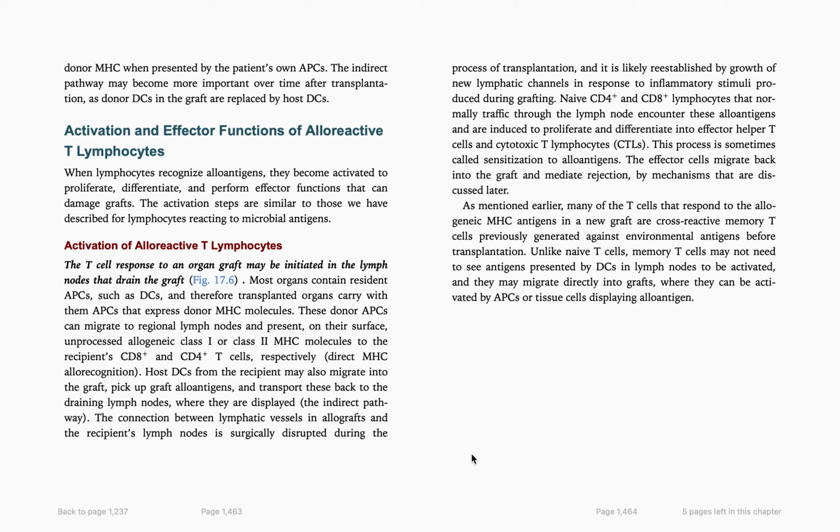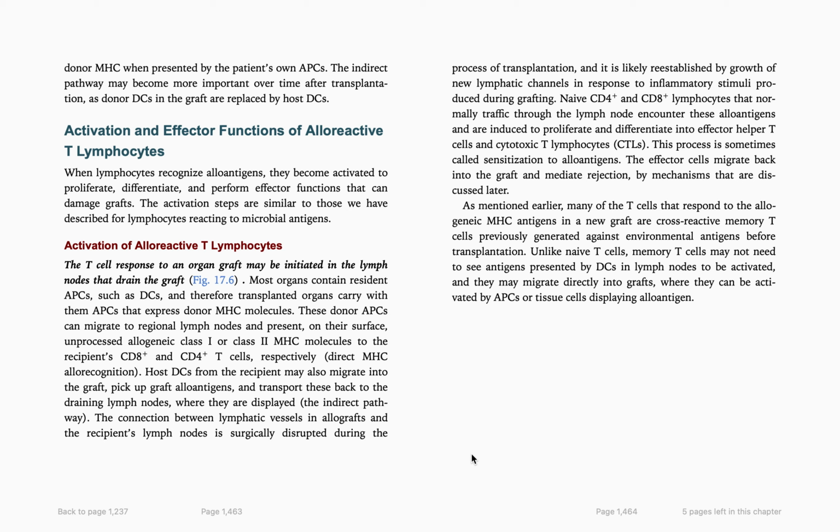Most organs contain resident antigen-presenting cells such as dendritic cells, and therefore transplanted organs carry with them antigen-presenting cells that express donor MHC molecules. These donor antigen-presenting cells can migrate to regional lymph nodes and present on the surface and process allogenic class 1 or class 2 molecules to recipient CD8 and CD4 T cells, respectively.